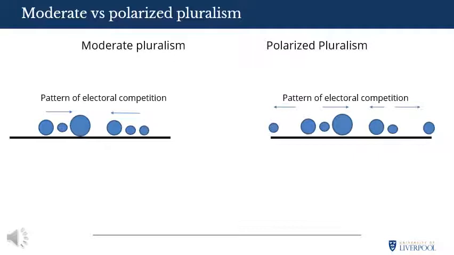It's also concerned with the patterns of competition and interaction between parties, and is concerned explicitly with the party system itself, rather than just counting the number or the size of parties. So when it comes down to party systems, it's not just the number of parties that matter, it's not just their size, it's also how they interact with one another and the broader political system at large, and how they compete with one another.